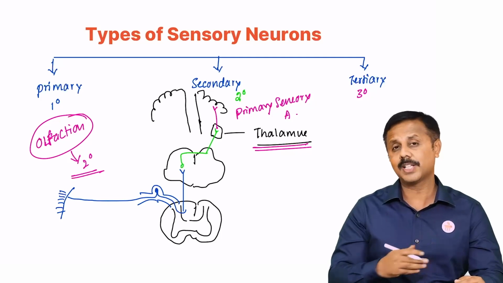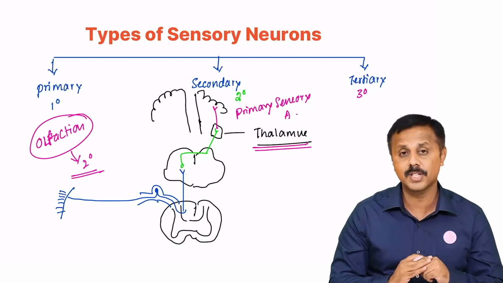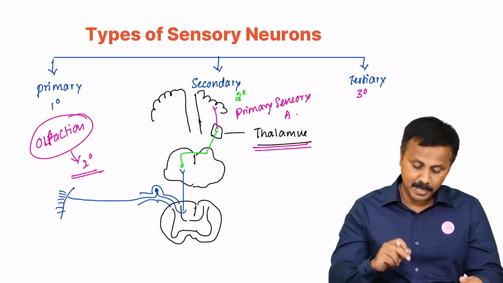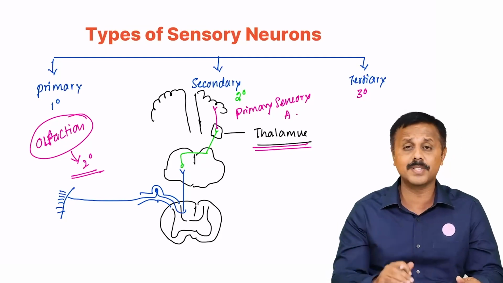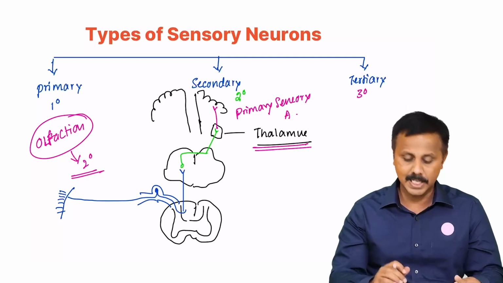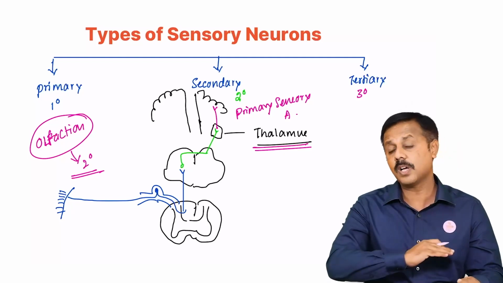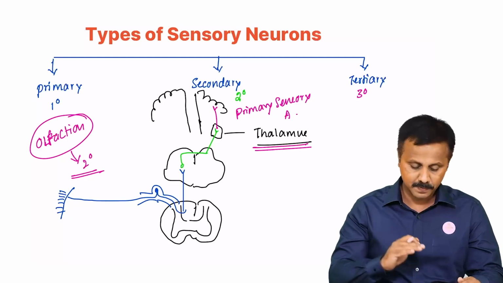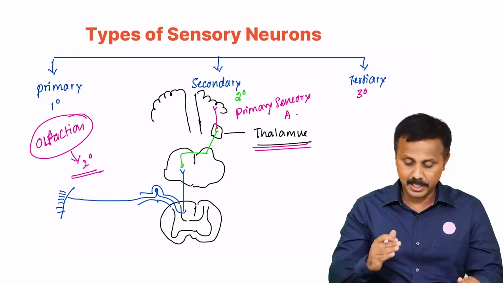Otherwise, all other sensations, starting from touch to special senses, all of them have to relay into thalamus because thalamus is the ultimate sensory relay center. It receives all sensation, right? So apart from olfaction, all other sensory neurons are arranged like this as first order, second order and third order neurons.